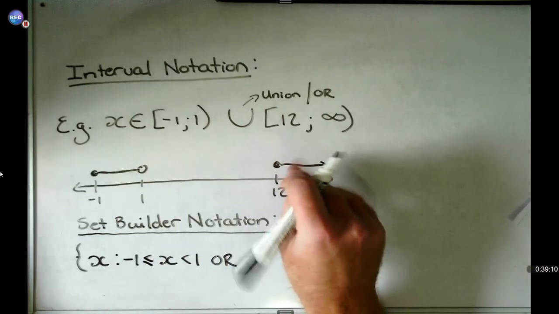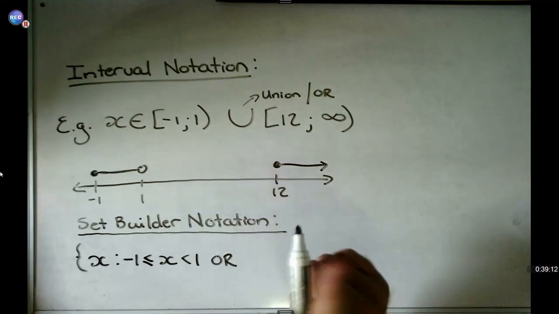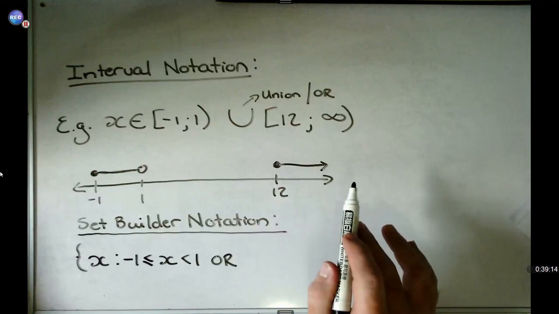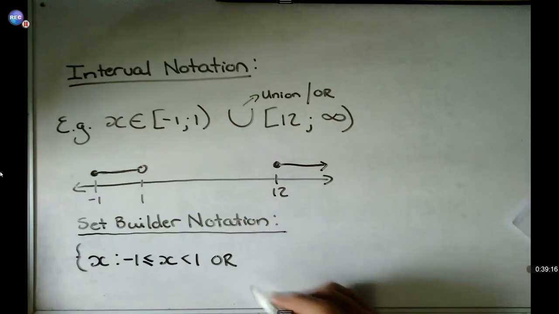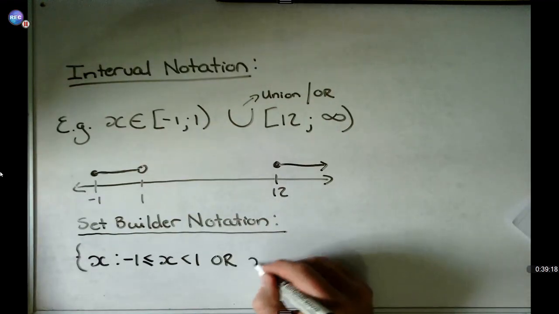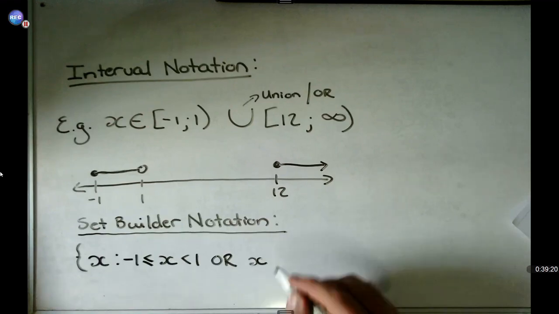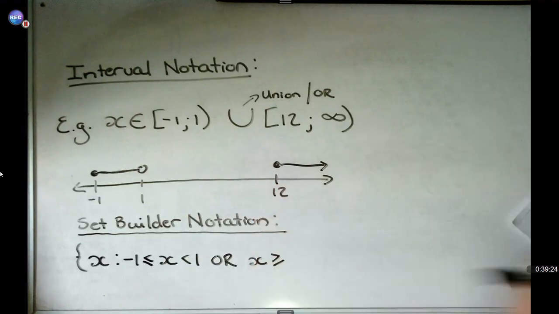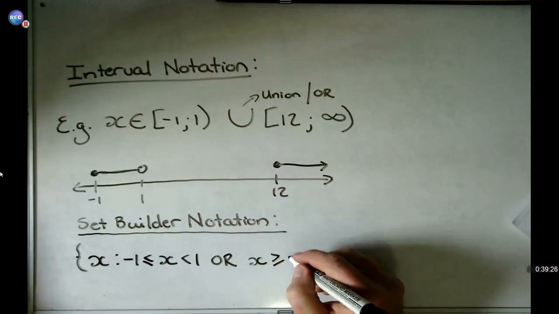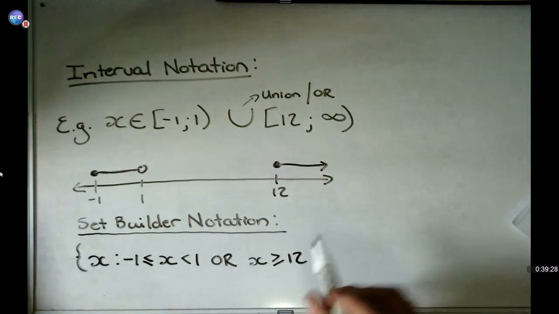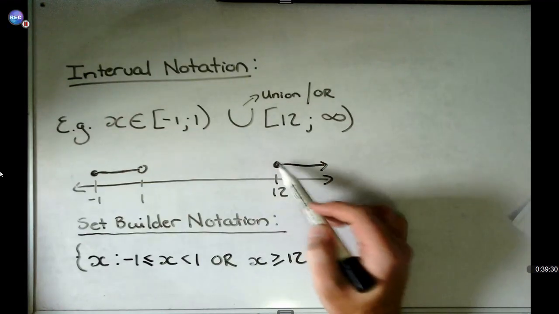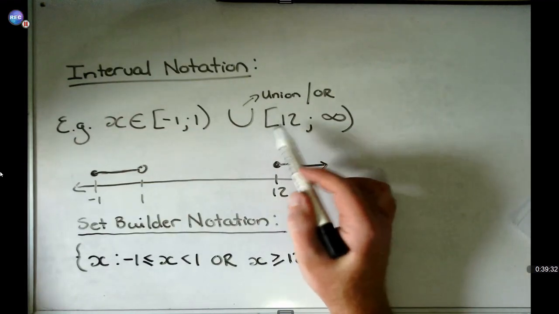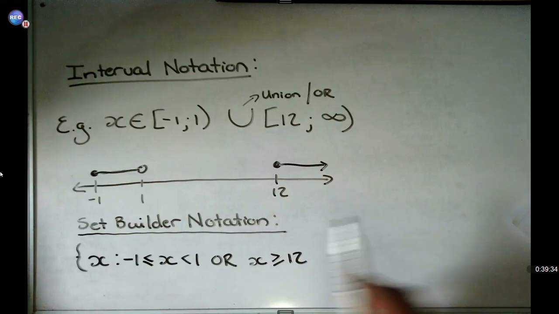Now we're going to represent this one. And because it goes all the way to infinity, you're going to write it this way. So we're then going to say x is bigger than 12 because it goes from 12 to the right. But it's also equal to 12 because of the block bracket. It shows that 12 is included in this notation.